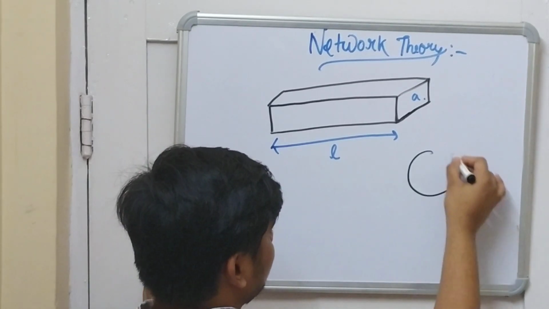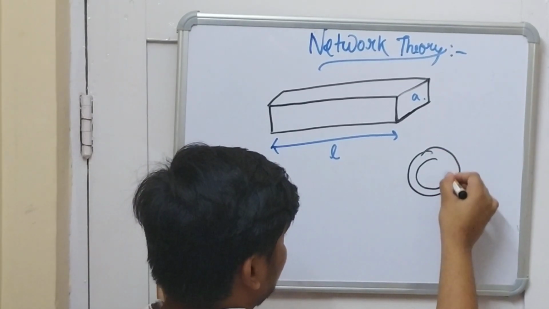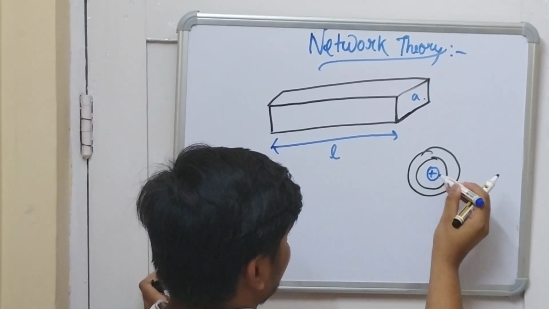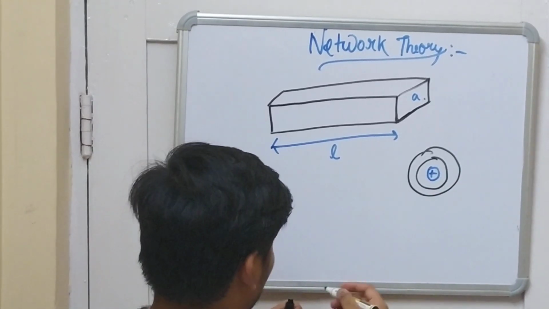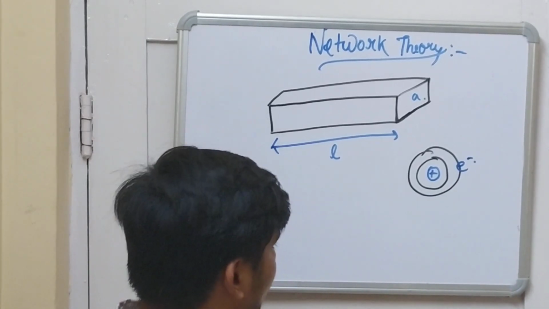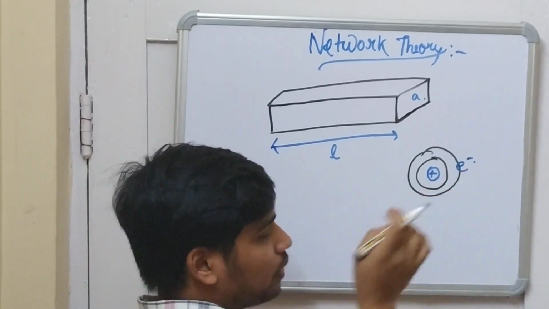Suppose this is an atom. There will be a nucleus and a valence electron. This valence electron is loosely connected to the nucleus.